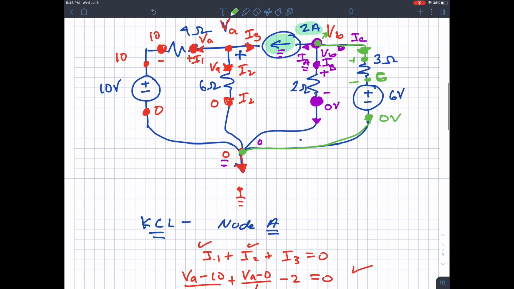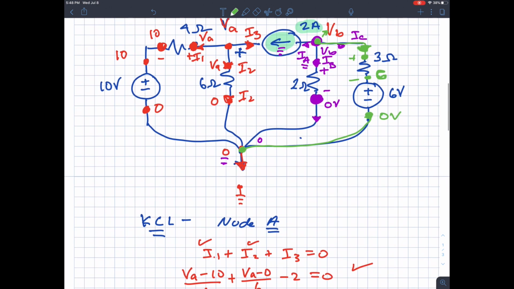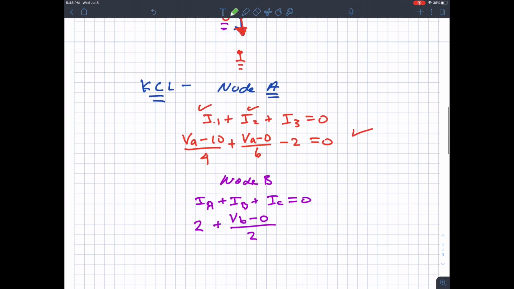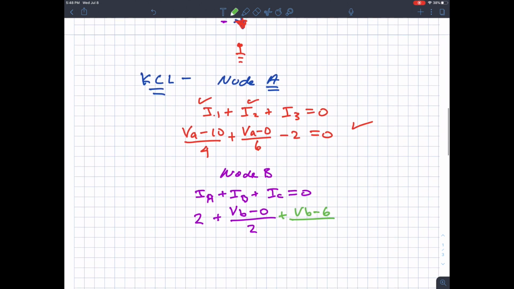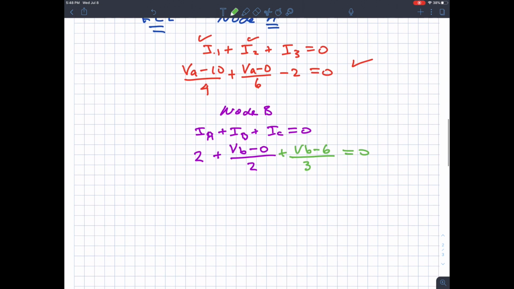So that means I take the dot, that dot is VB, I subtract 6, so VB minus 6, and I divide that by 3, equals 0. At this point, here's the process we learn as we go through engineering.